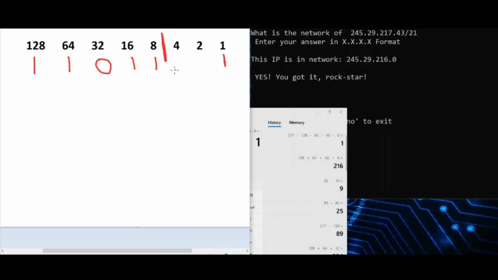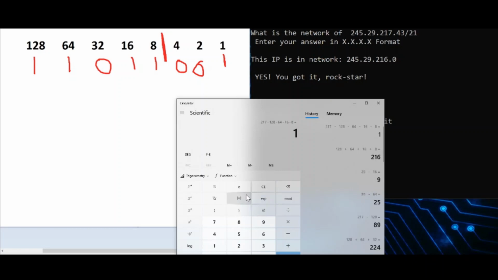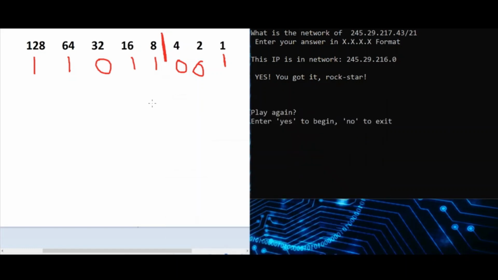The binary for the value 217 is 11011001. And we can illustrate that by 128 plus 64 plus 16 plus 8 plus 1, 217. I'm not going to get much further into it than that, but that's kind of what's going on with the binary here.